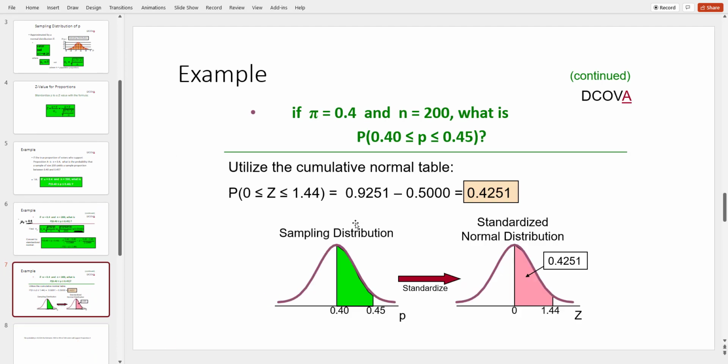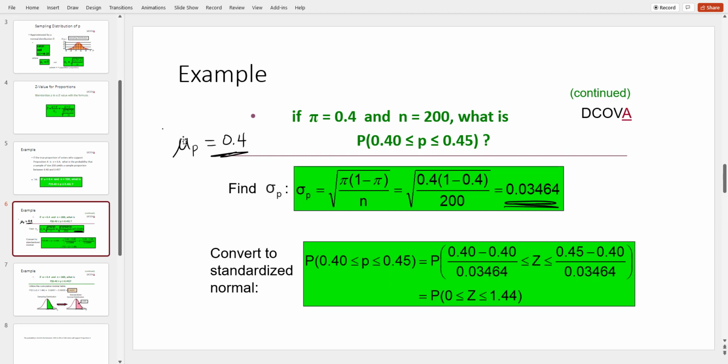Once you do that, you're going to get an answer of 0.4251. Now I'm going to show you how to use technology, and we've done this before because this is a normal distribution. We already have our mean and standard deviation, and we know what p we're looking for. We want between 0.4 and 0.45.